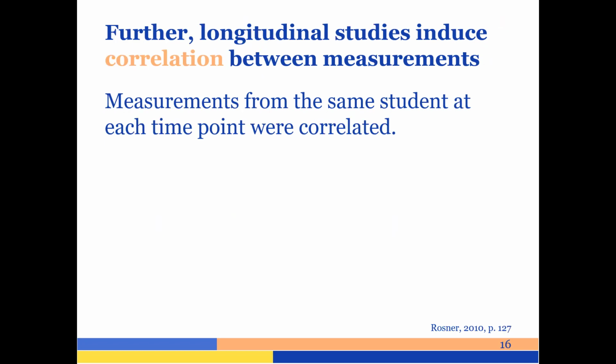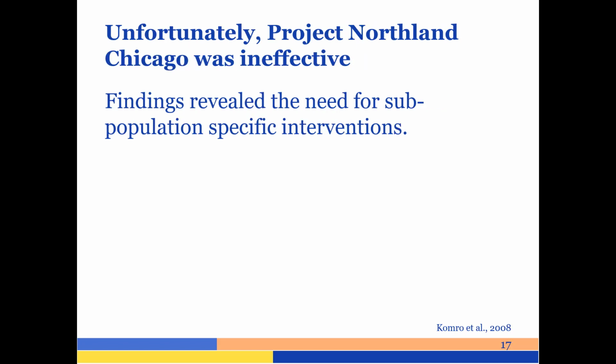The correlation between measurements is a result of the same students being tracked and measured in 6th, 7th, and 8th grade. Unfortunately, the project, which was called Northland Chicago, was found to be ineffective. The findings revealed the need for more subpopulation-specific intervention studies.